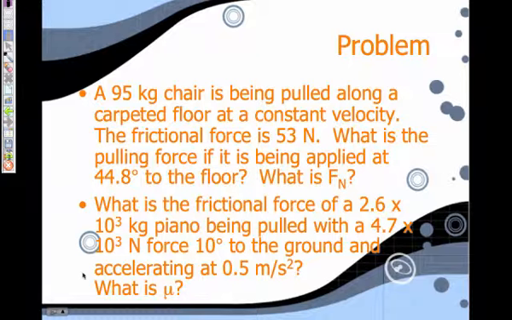Constant velocity, what does that tell you? And are we accelerating? No, so acceleration is 0 since we're moving at a constant velocity. The frictional force is 53 newtons. What's the pulling force if it's being applied at 44.8 degrees to the floor? F of x is equal to the frictional force. We'll draw a picture to show that.